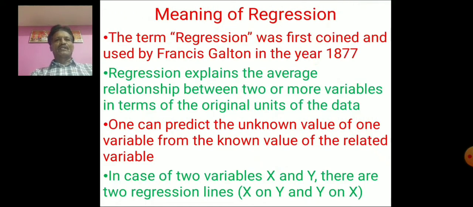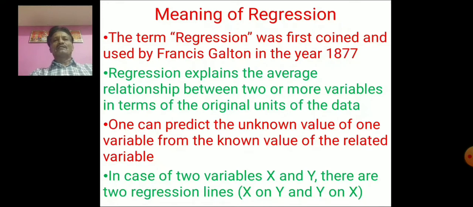Before entering into the calculation of regression equations, I will give some introduction about regression. The term regression was first coined and used by Francis Galton in the year 1877.